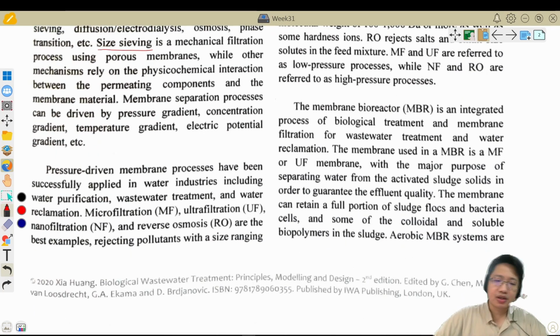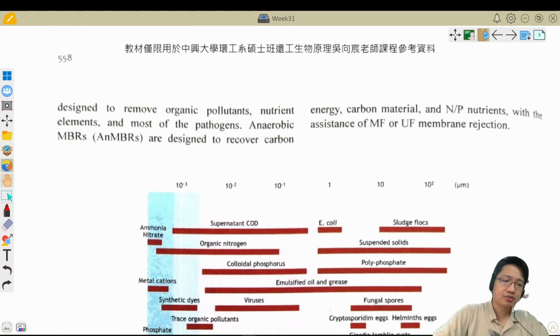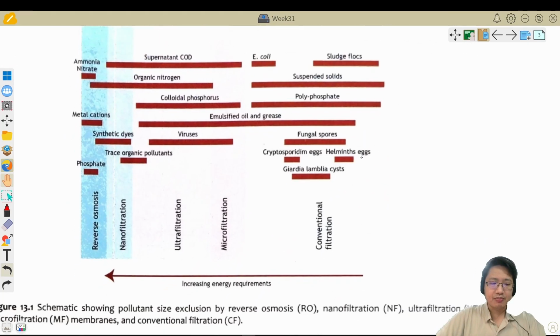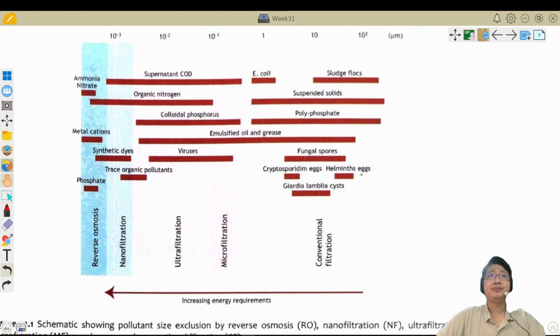We have different levels of membranes, including microfiltration, ultrafiltration, nanofiltration, and also reverse osmosis. Those levels depend on their pore size, as we can see in figure 30.1 here.